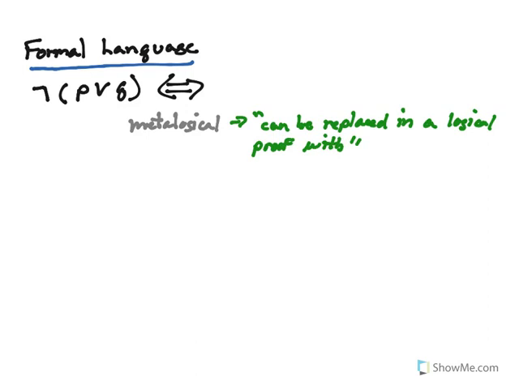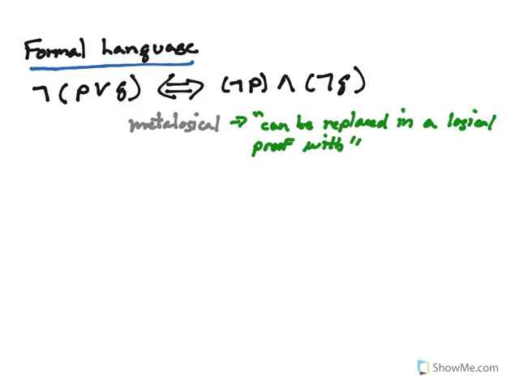A little wordy. That's why we use the metalogical symbol, because we don't want to write that lengthy statement. When you choose this notation, it's customary to write the parentheses. And that's not a 7, that is a gamma.